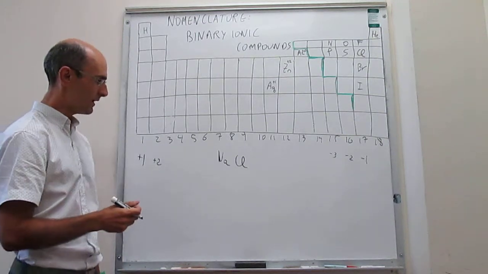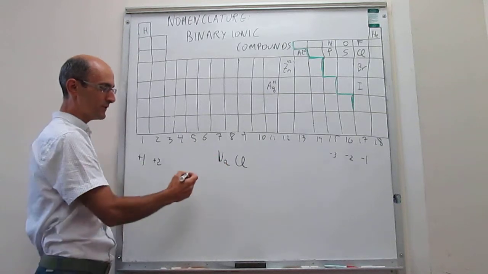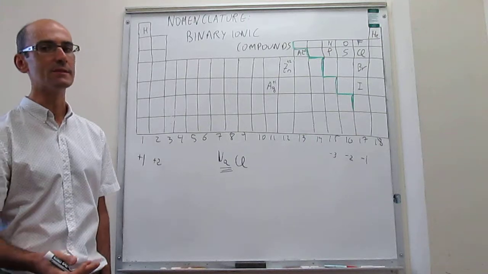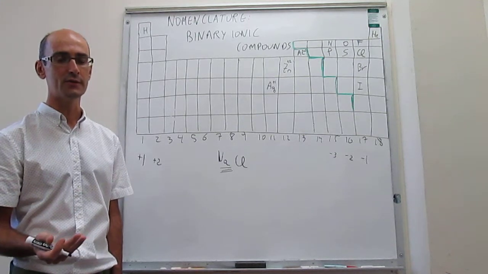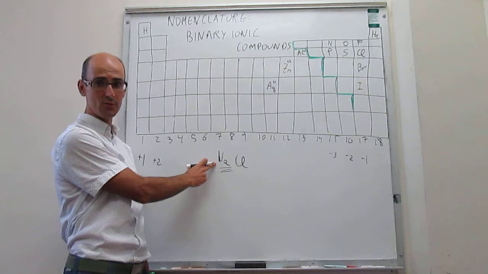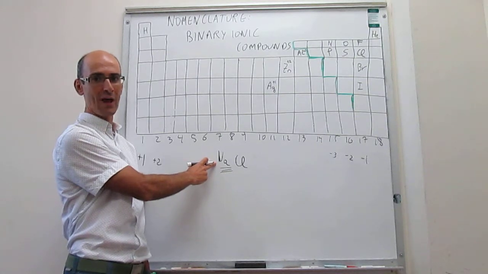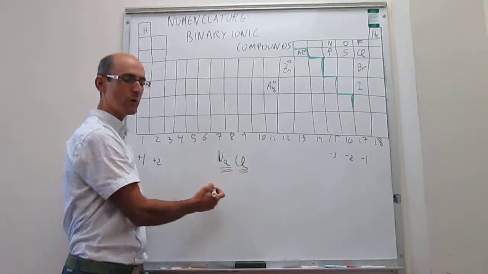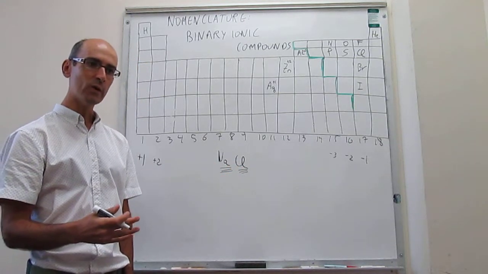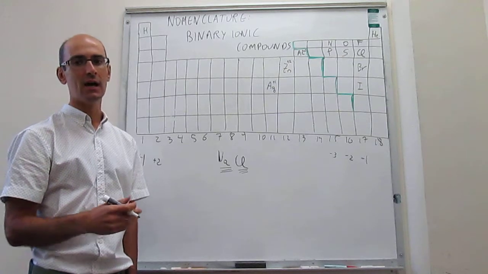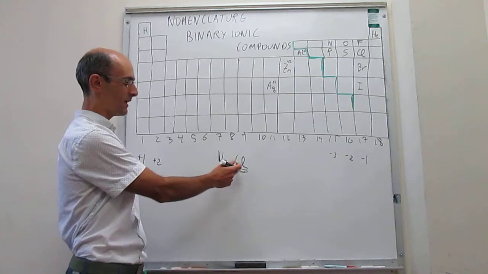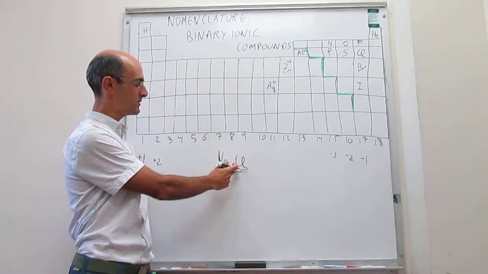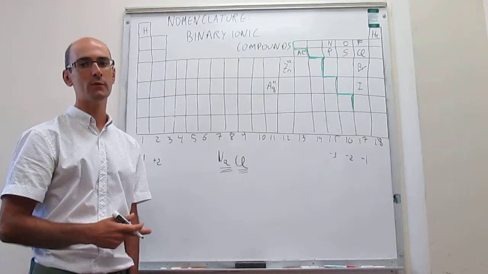First we name the cation, and we use the same name as the element. So the first thing that we name in this compound is sodium, and we don't alter that name at all. For the anion, we name it second, and we add the suffix "ide" at the end. Chlorine is changed into chloride. So this will be the compound sodium chloride.